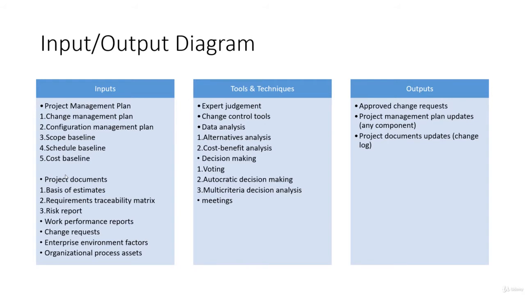So as far as input is concerned, we have the project management plan, where we have the change management plan, configuration management plan, scope baseline, schedule baseline, and cost baseline. You can understand that when I say it is signed off and baselined, all of this will be part of the input, because when we say that the document has been baselined, it implies that the scope is finalized.